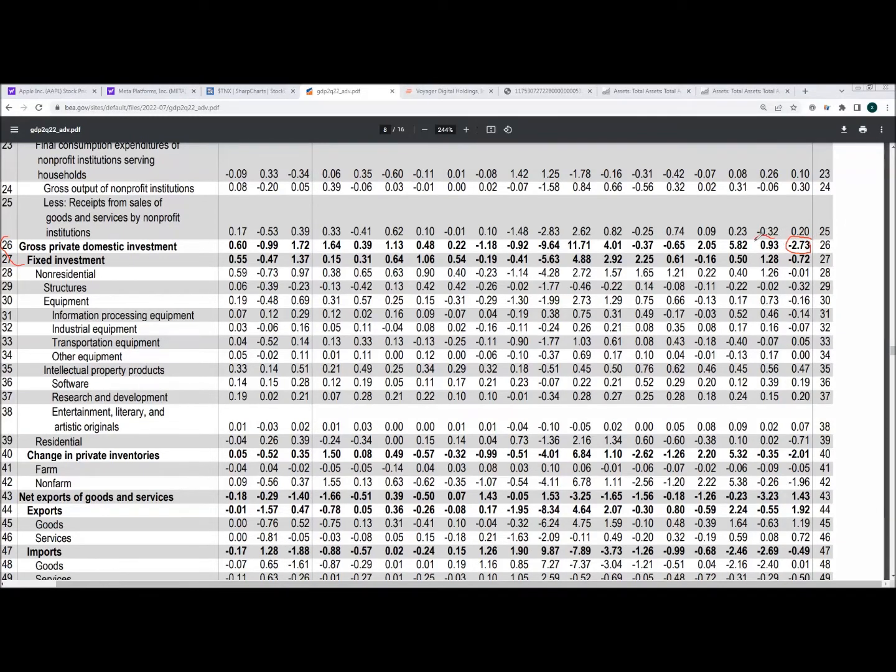And if you notice over here, it was a positive contribution in Q1. So it's really interesting. Fixed investment is minus 0.72, and change in private inventories minus 2. Ooh, so that was a big negative, and that was a big negative contribution overall.